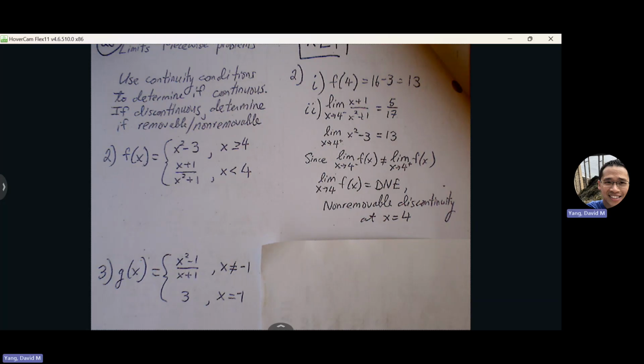What's different about number 3 versus 2 in terms of your limit statement? Number 3, we only need what? One limit statement. There's no need for one-sided limits.